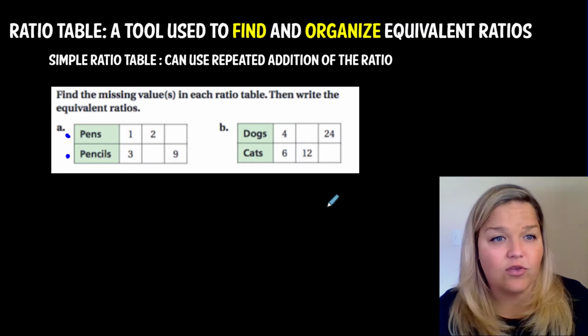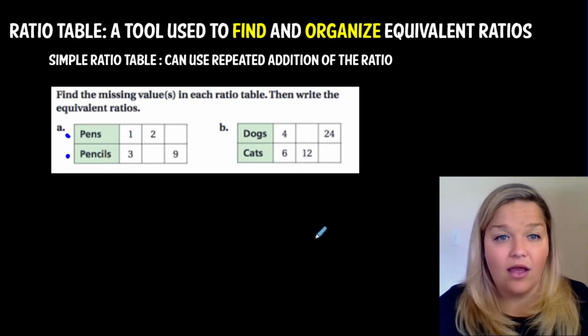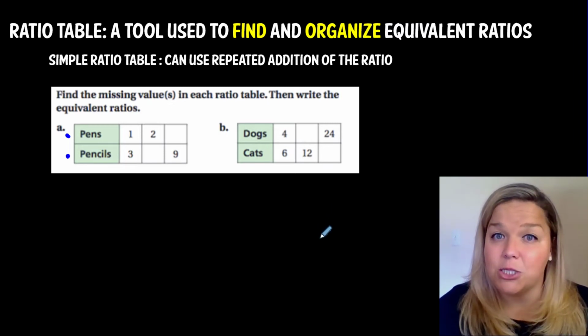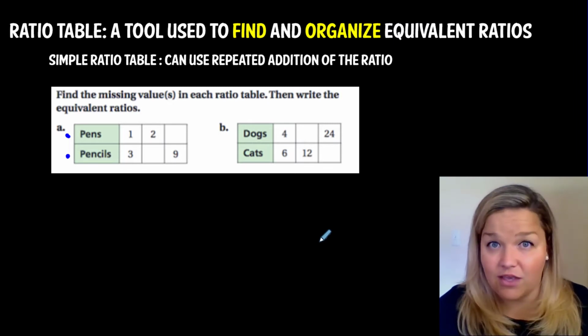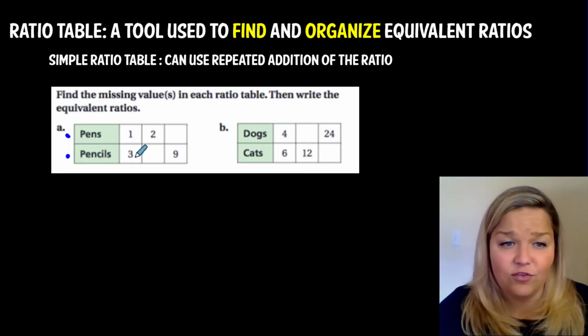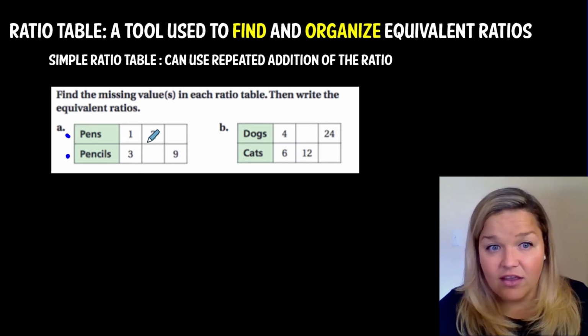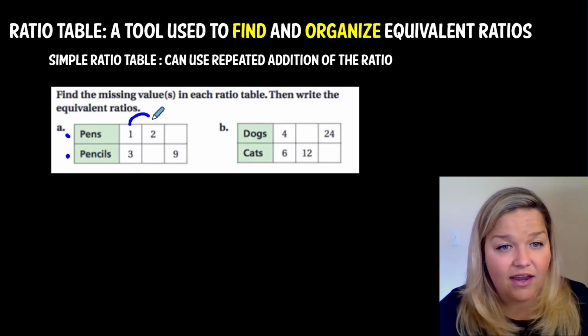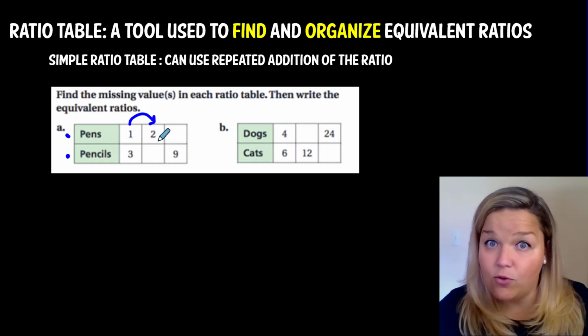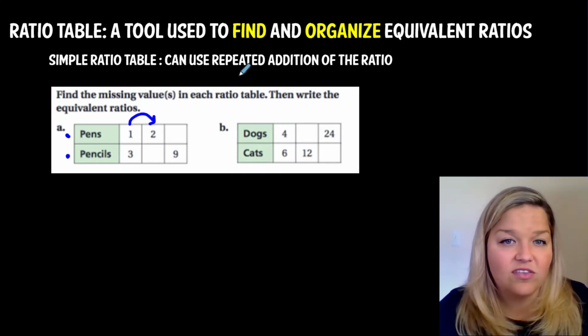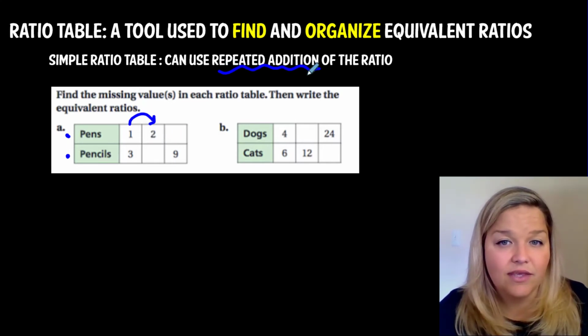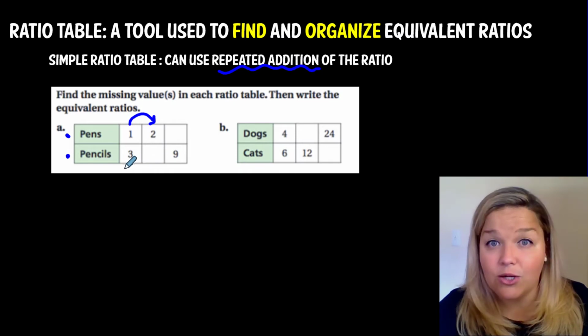These 2 examples are more of a simple ratio table because we can use repeated addition of the original ratio to figure out the entire table. So if you see, if I have 1 pen for every 3 pencils, and then I all of a sudden have 2 pens. So the reason we said repeated addition is because it's of the original ratio.